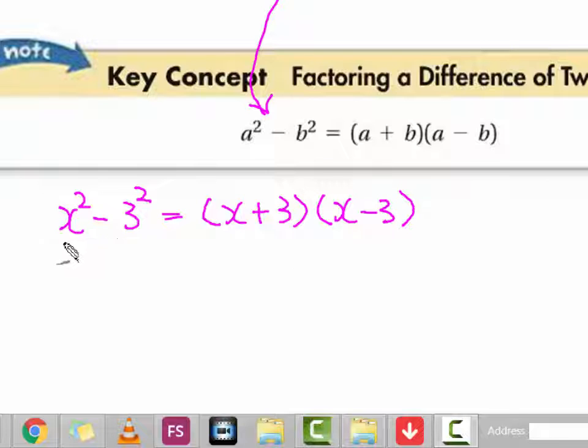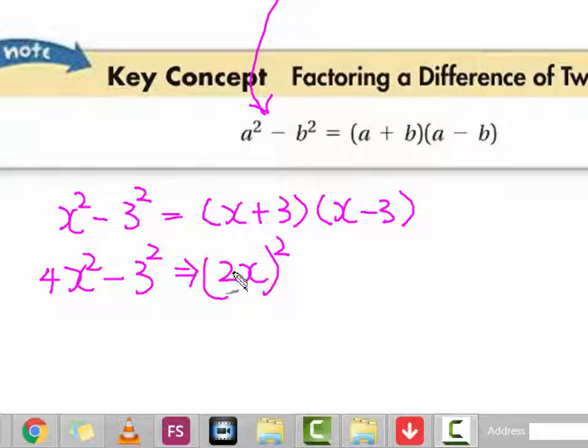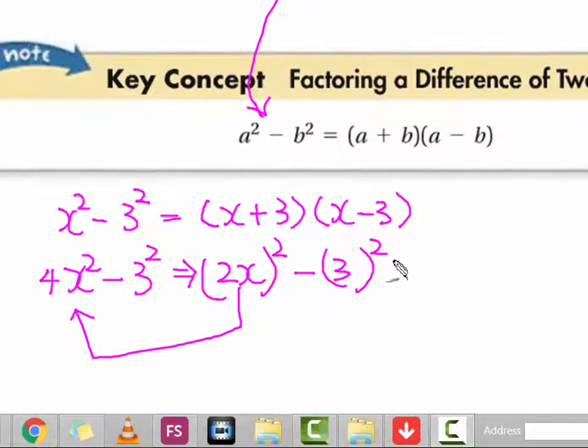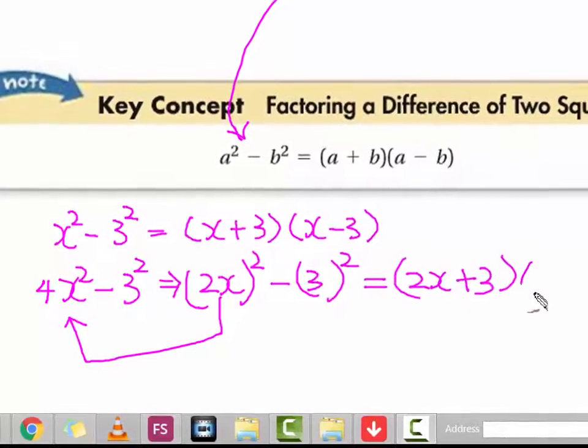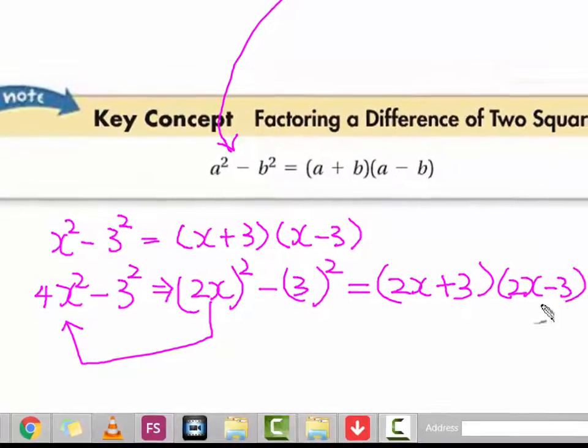We can factor these into factor form like this. If you have, say, 4x squared minus 3 squared, this time we have to do one more step, doing 2x whole square, because 2 squared is 4, x squared is x squared, 4x squared. So these are the same thing, minus 3 squared. So we have 2x plus 3 times 2x minus 3.